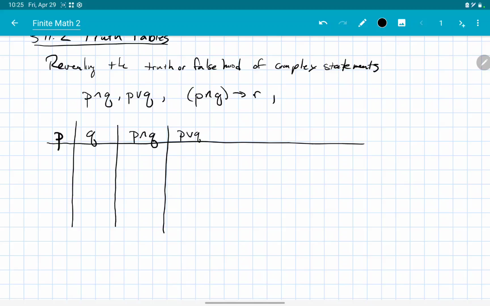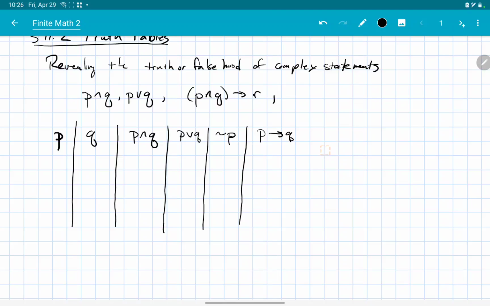So P and Q, P or Q, not P, P implies Q. Okay, so there's our basic skeleton for the truth table. And what we need to do is run through all combinations of P and Q being true or false.